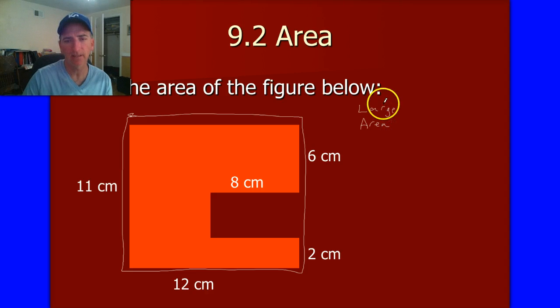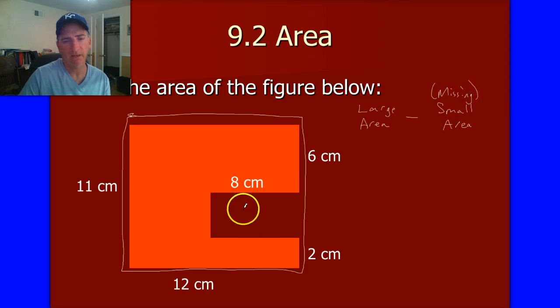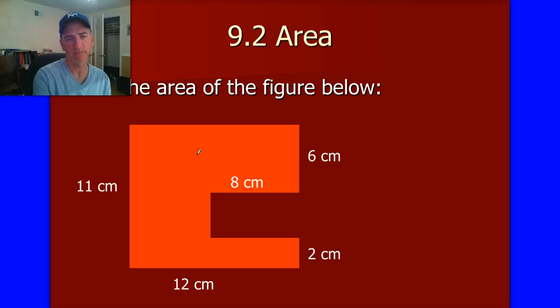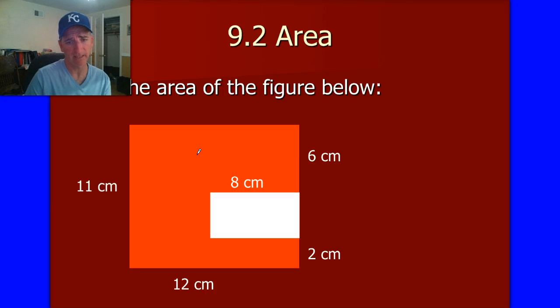Then you subtract the small area, which is basically the missing piece. You see that big chunk that's missing? If we can figure out the area of that missing piece and the area of the large piece, we can solve this problem. So let's try that, because I think that's the easiest way.